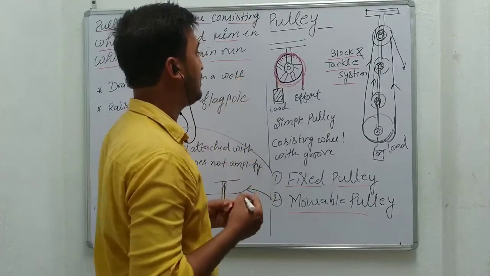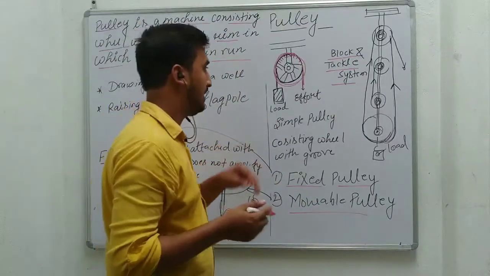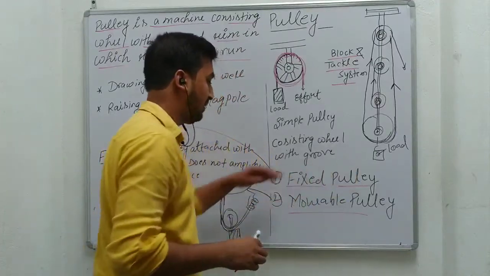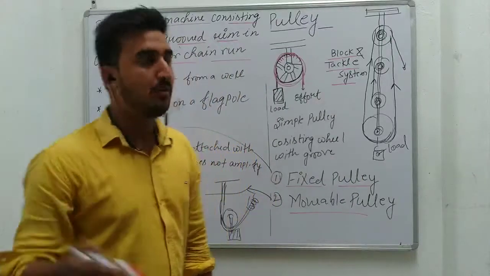The pulley is a machine which is used to lift a load. There are two different types of systems: fixed pulley and movable pulley. We'll discuss the fixed pulley and movable pulley later.